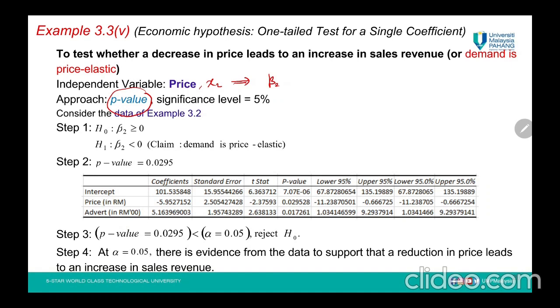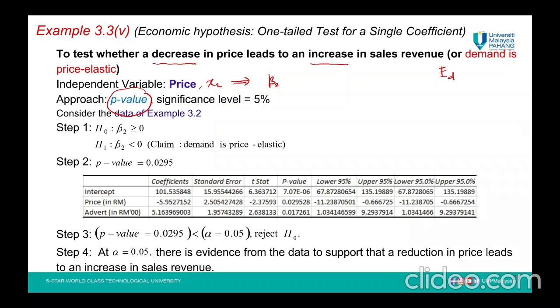So when we look at the statement given, a decrease in price leads to an increase in sales. This is related to the statement that demand is price elastic. Price elastic means that ED here. Remember that the value of ED is always negative.